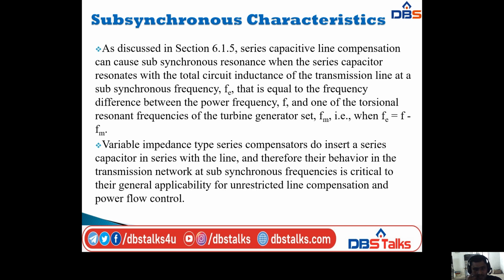That is equal to the frequency difference between the power frequency and one of the torsional resonant frequencies of the turbine generator set, that is FM. So FE is equal to F minus FM.